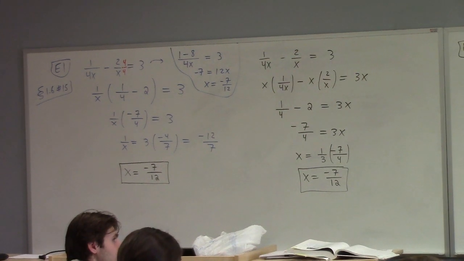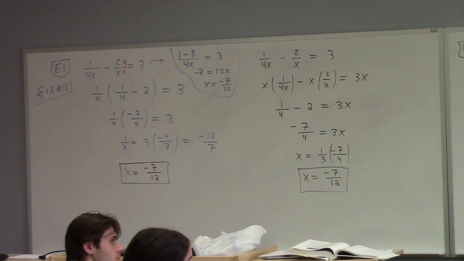What should we do to this equation to make it pretty? Let me ask the question in a more leading way. What should I multiply this equation by to make it nice? X?